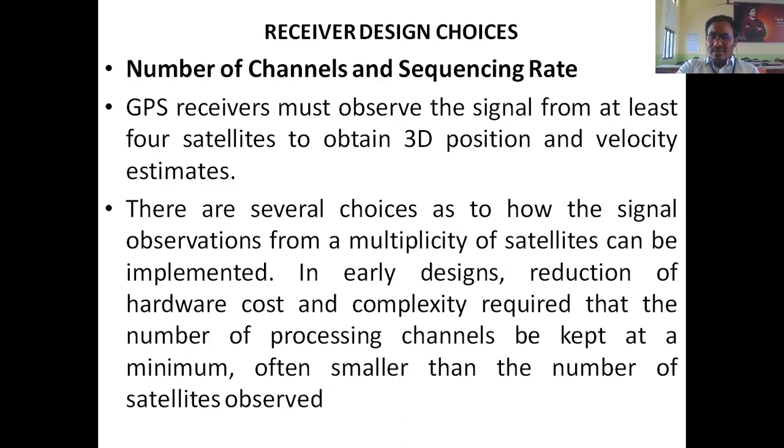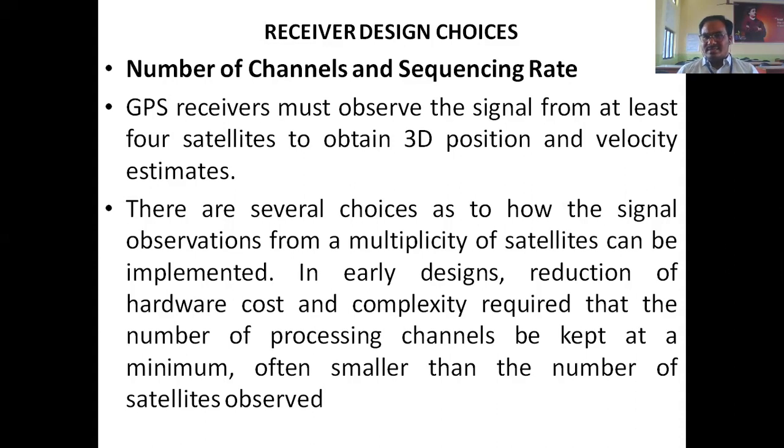What we need exactly in GPS navigation, of course, is position and rate of acceleration, that is attitude. And of course, with what velocity it is moving, that will be learned by the rate of attitude. So what should be the choices? There will be several choices for how the signal observations from a multiplicity of satellites can be implemented.